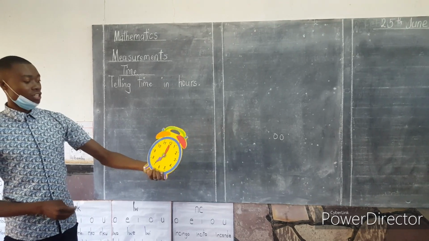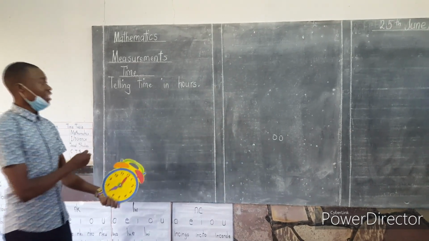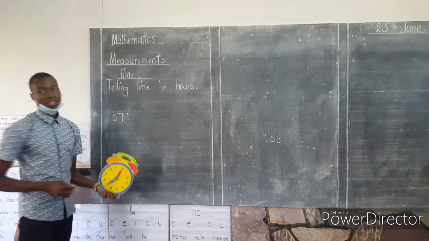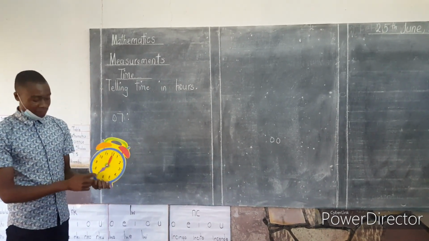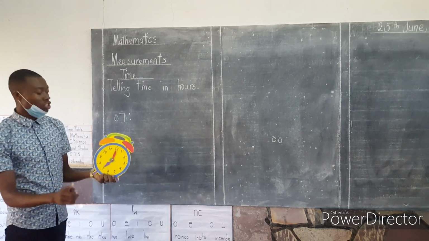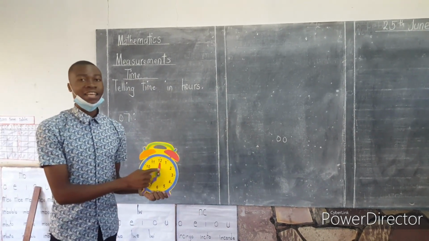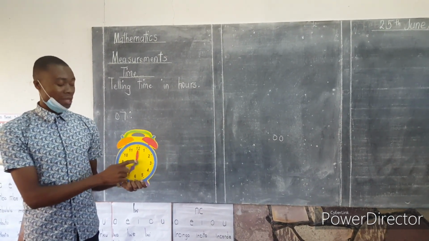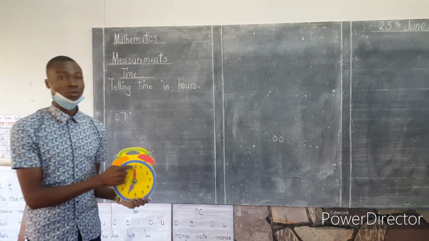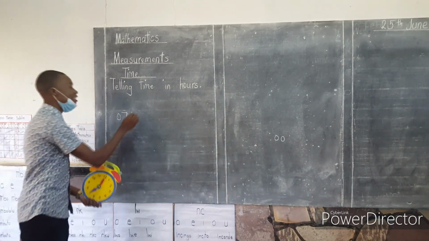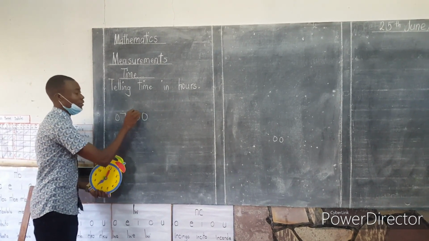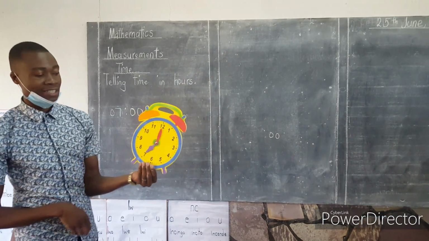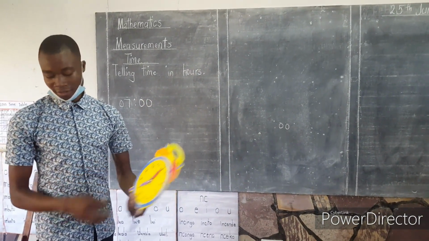The clock is pointing at 7, meaning the time is 07. Then after you recognize the hour, you also need to consider the hand for minutes. When the hand for minutes is pointing at 12, the minutes are 0, 0. So in this case, the time shown on the clock is 07 hours.